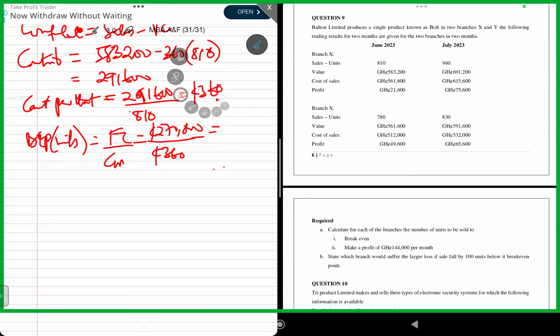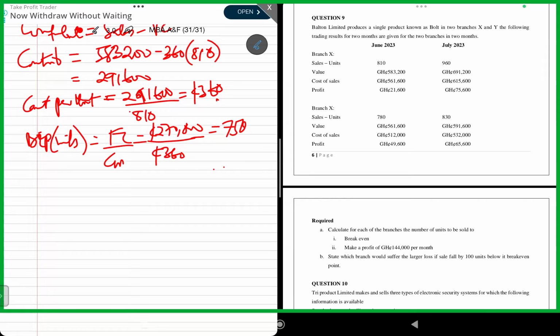Sorry for taking that. The contribution, I don't know whether it's per unit that we wrote there. We are getting 583,200, after which we get 360 times the 810, then we got 291,600.